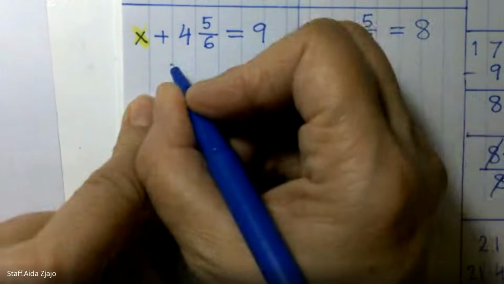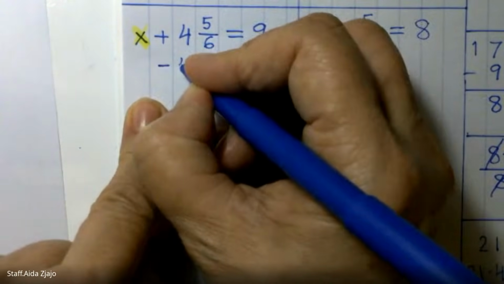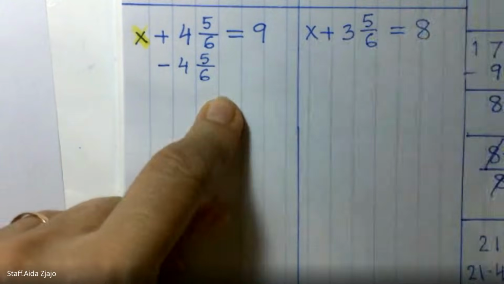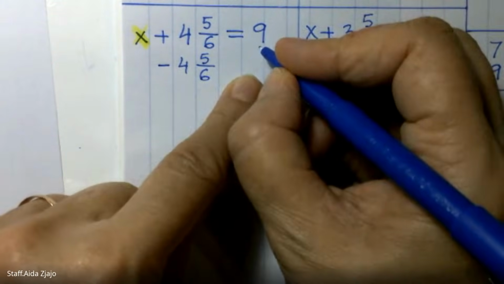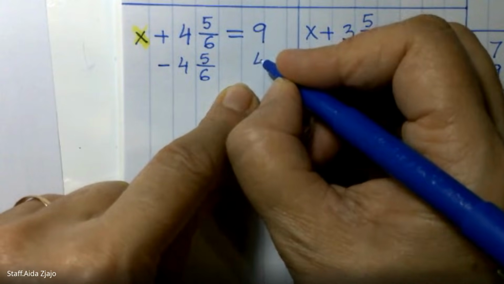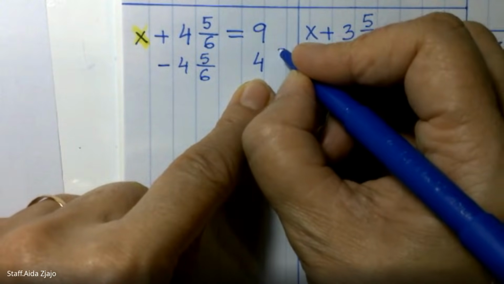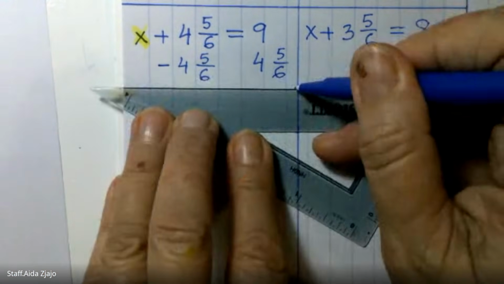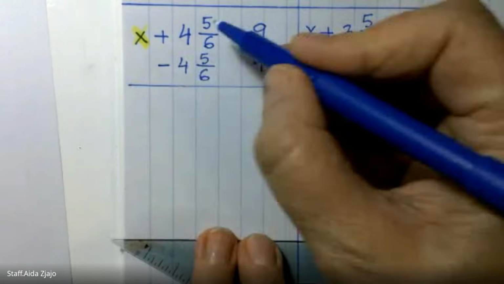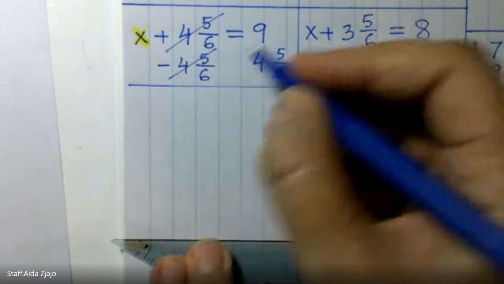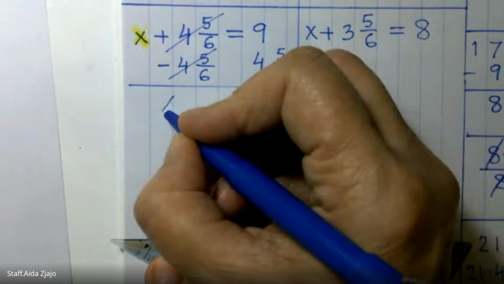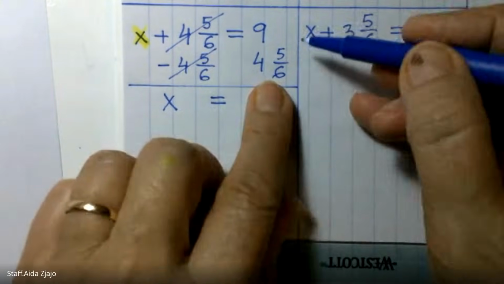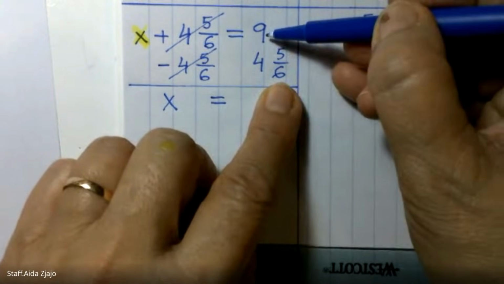By doing this, you can subtract from this side 5 and 6/8, and also from this side, 4 wholes and 5/6. So when we subtract both sides, this will cancel each other, and you will have x by itself, and then you can think of 9 wholes.